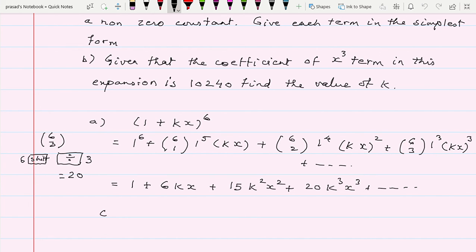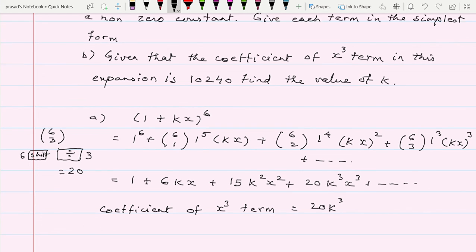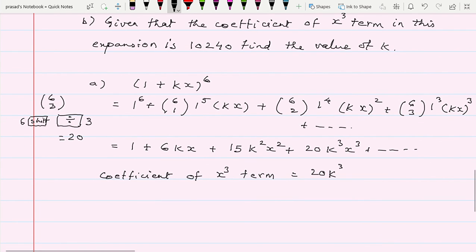Now the coefficient of x cube term in the expansion is 20 k cube, and the coefficient is given to you as 10,240.